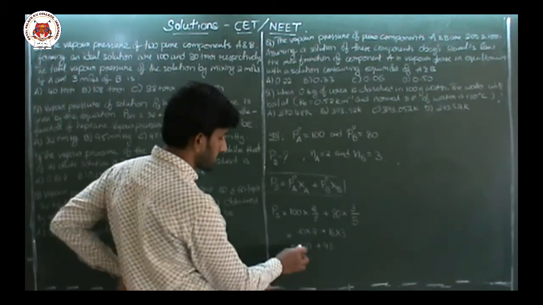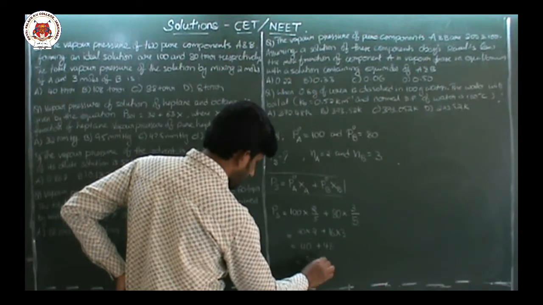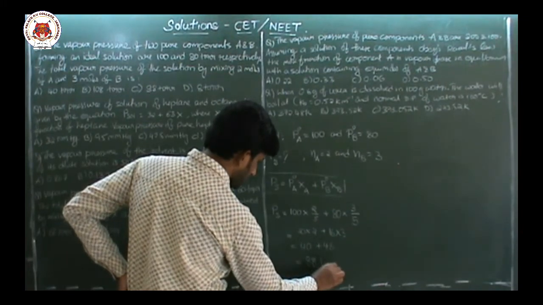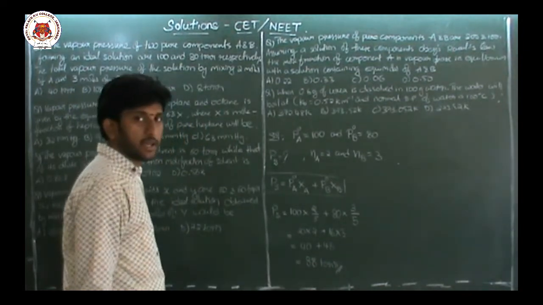The pressure of the solution is 40 plus 48, that means 88 torr. 88 torr should be the answer.